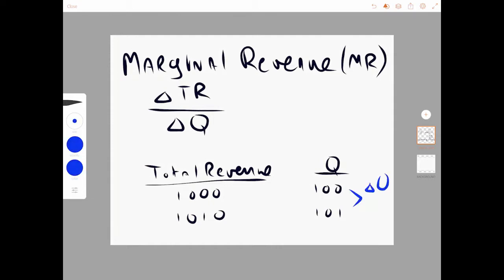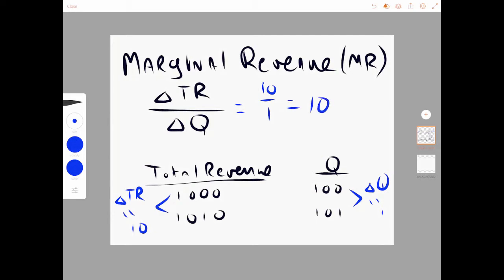Delta Q is equal to 1. We've gone from 100 up to 101. And here's our change in total revenue. That is equal to 10. We go from 1,000 up to 1,010. So the marginal revenue is equal to 10 over 1, or just 10.